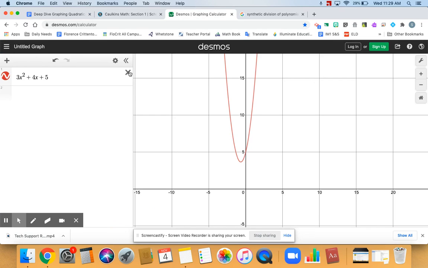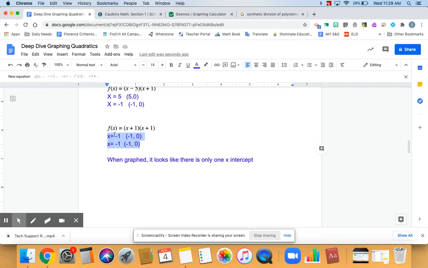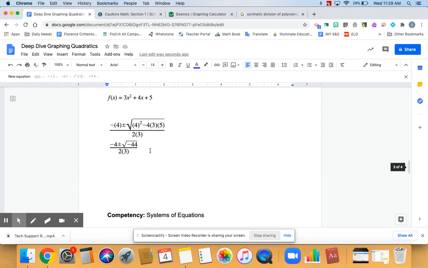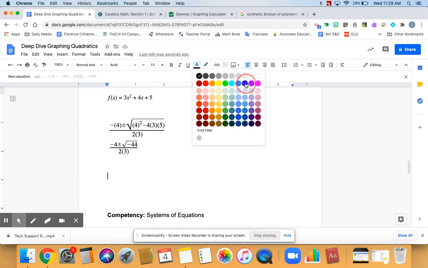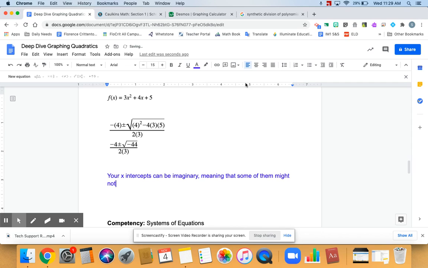You can have some of them that have no x-intercepts, or only one or two, because either some of them are doubled up and they're the same ones more than once, or they end up being imaginary. So your x-intercepts can be imaginary, meaning that some of them might not show up on the graph.